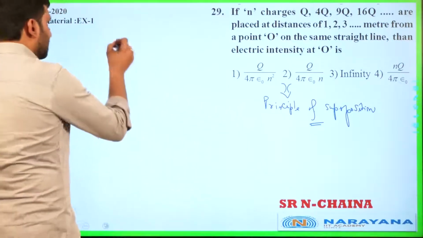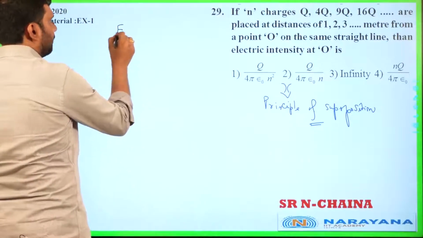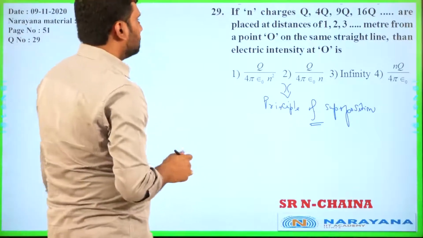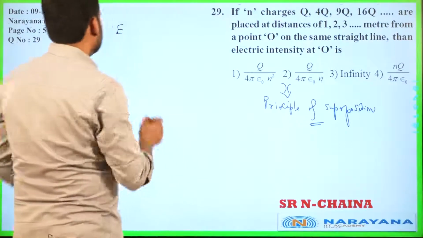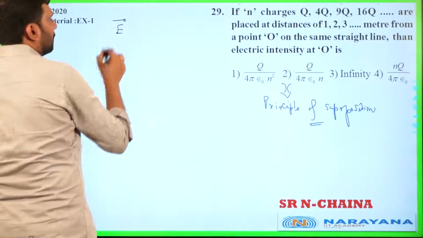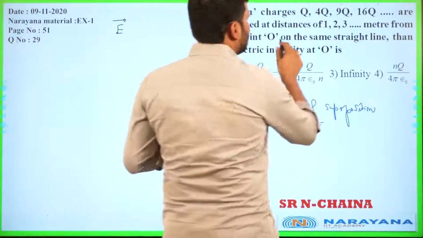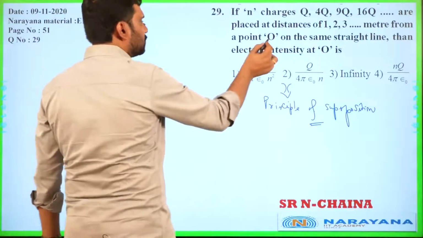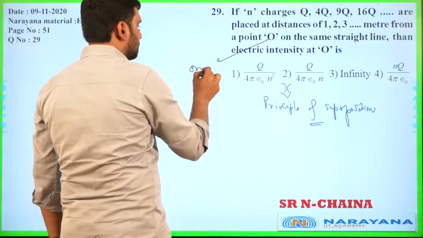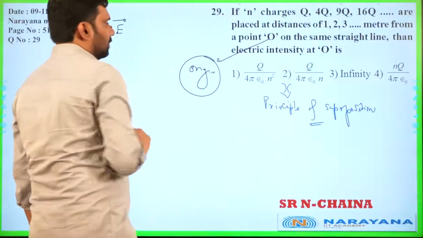So if it is on the principle of superposition, let's see now. So directly I will write the electric field where they are demanding. They are asking, placed at a distance of this many meters from a point O. O is the origin. So here I will suitably choose it to be the origin.